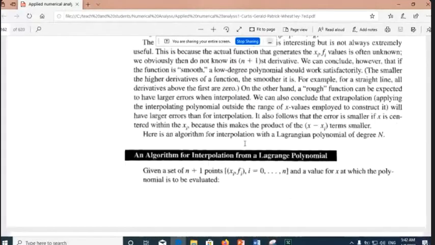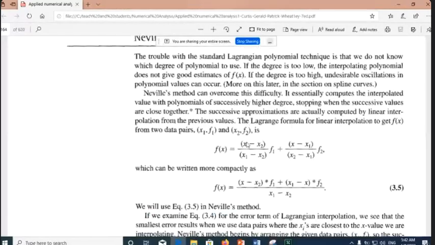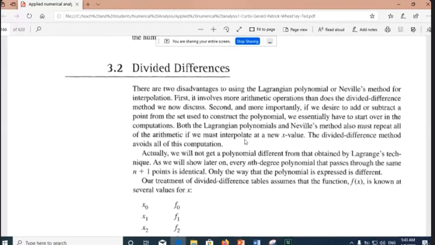Here we are going to talk about another important method called divided differences.